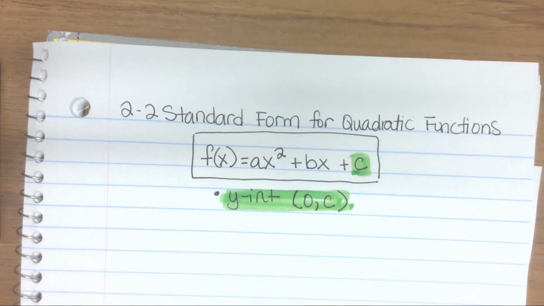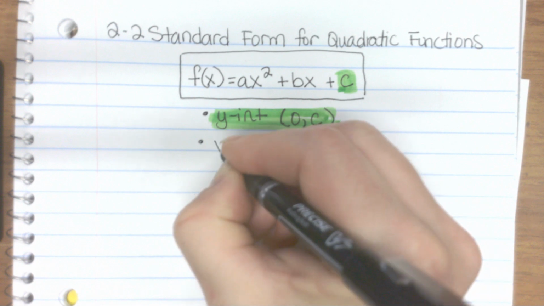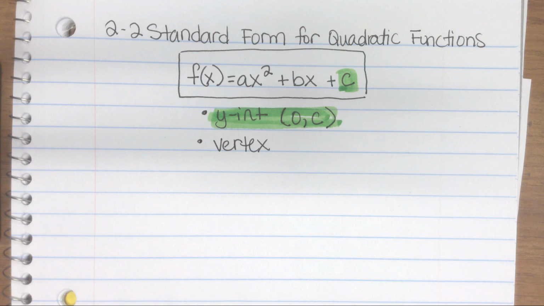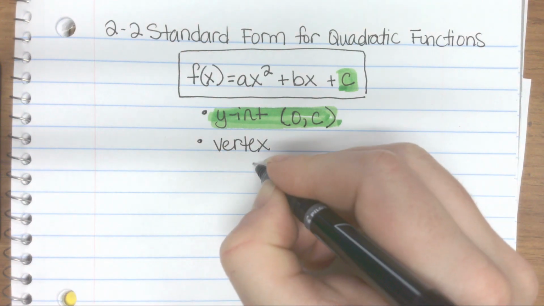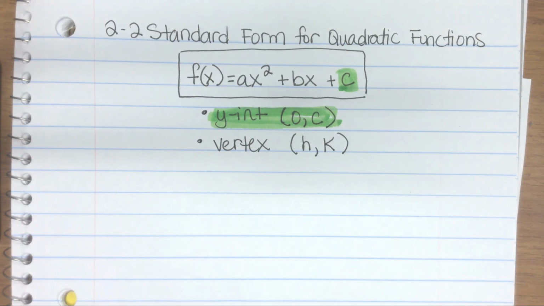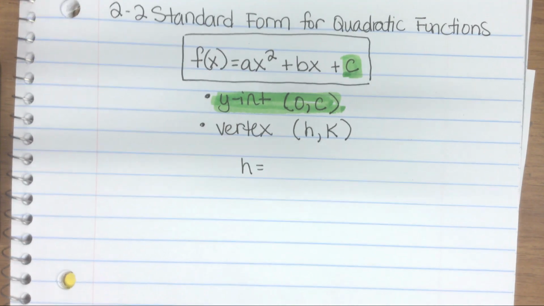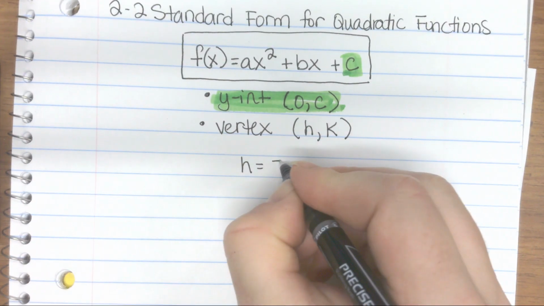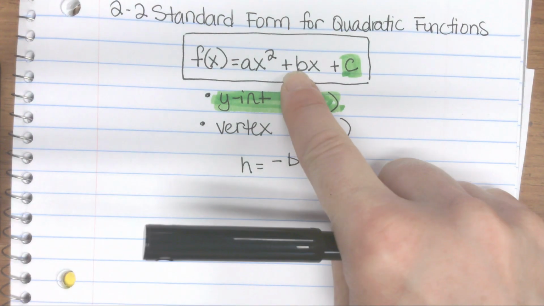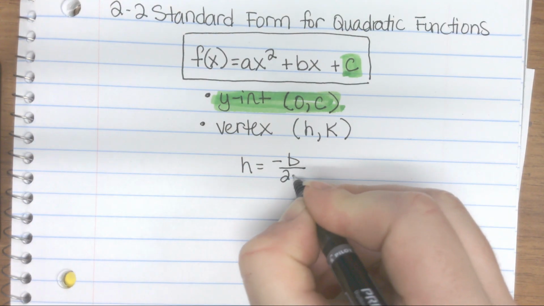To find the vertex, remember the vertex is (h, k). To find the h, we are simply going to take the opposite of b, I'm talking about that right there, and we're going to divide it by 2 times a.